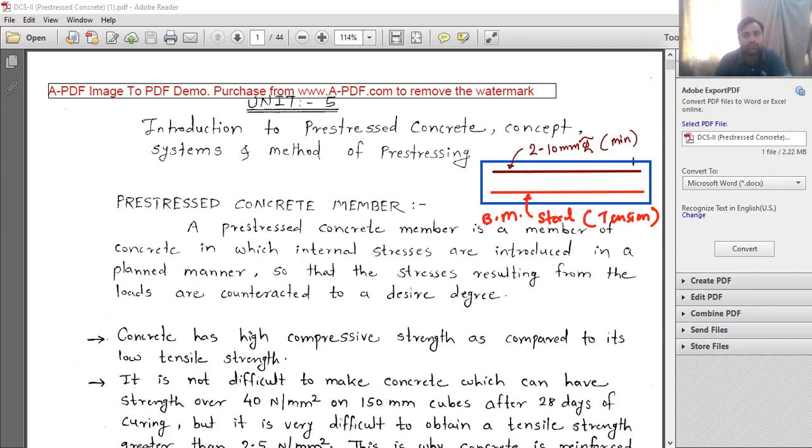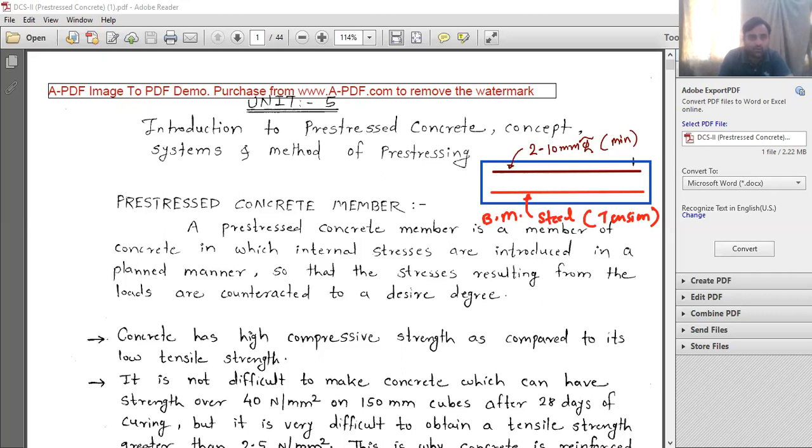The IS code suggests that even if there is a very small bending moment on the compression side of the beam, you still need to provide a minimum of 2 bars of 10 mm diameter. So generally we don't design the bars provided at the top of the beam, and we design the bars provided at the bottom of the beam.